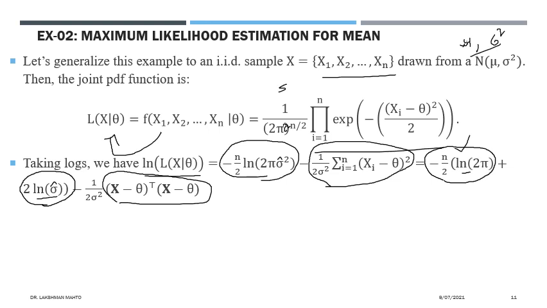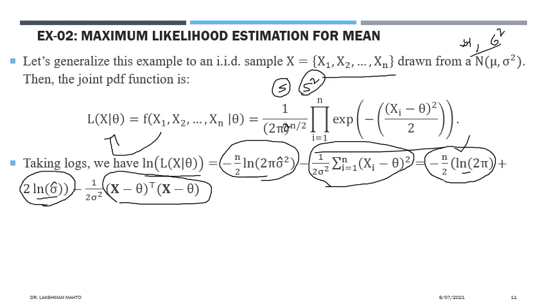Intentionally I haven't taken the s notation, because s is meant for the unbiased sample deviation, or s square is the corresponding unbiased sample variance. That definition I had already taken.